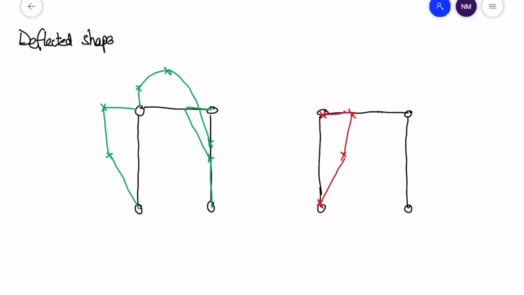First one, member AB, flip that over. Likewise for member BC. And likewise for member CD, we'll mirror that over, so it should look something like this.